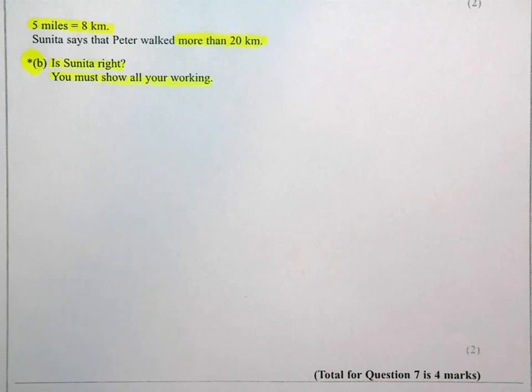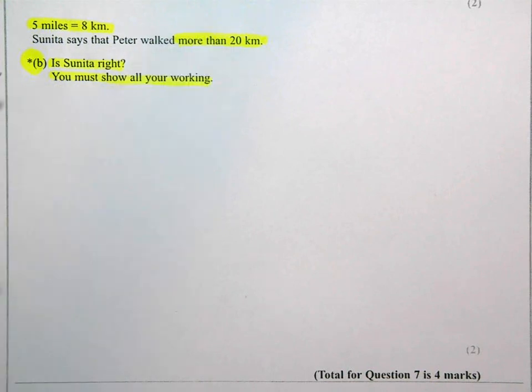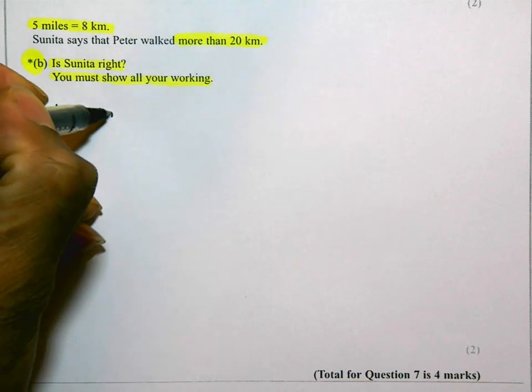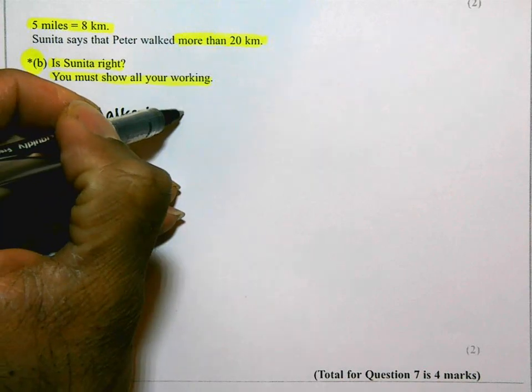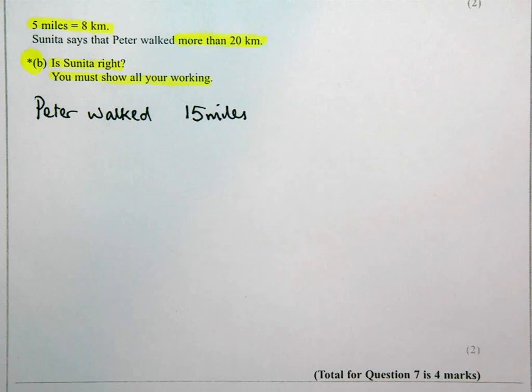Okay, so let's think about what this question is asking. Sunita says that Peter walked more than 20 kilometers. Now from the previous part we were told that Peter walked 15 miles.